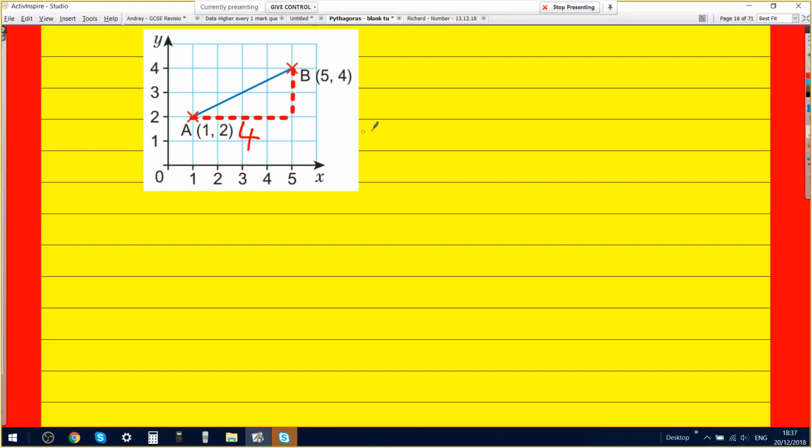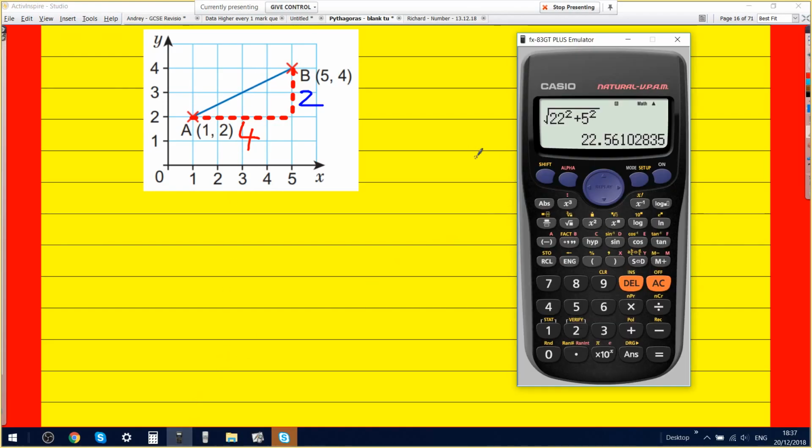2 squares up. And so you have to find the diagonal, and the way you find the length of a diagonal line is Pythagoras. What do I put into my calculator for this one? It's just 4. That's 4 across, and that's 2 up.